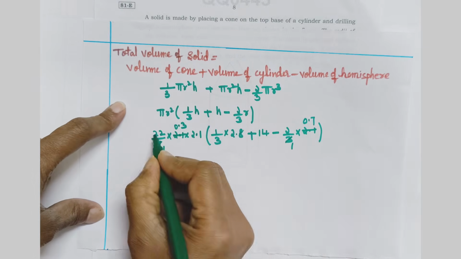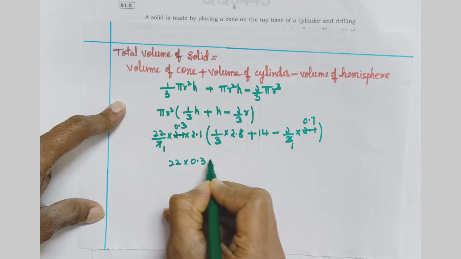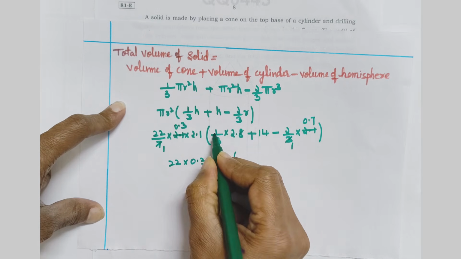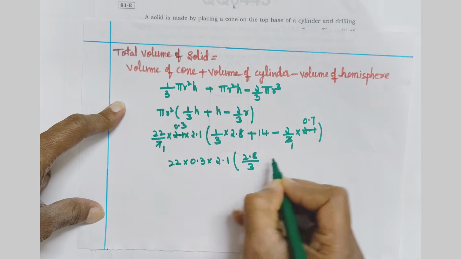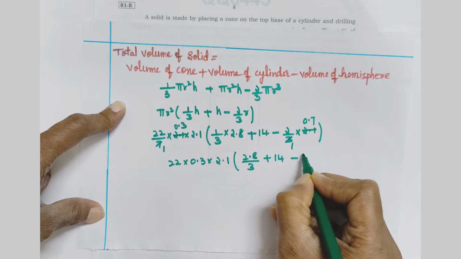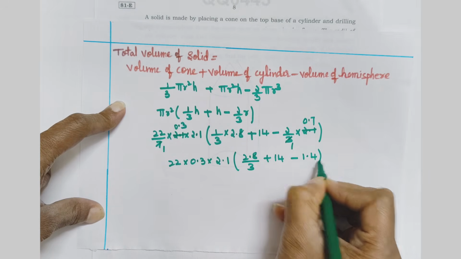What part remains? Here remains 22 into 0.3 into 2.1, then 1 into 2.8 by 3 plus 14 minus 2 into 0.7, which is 1.4.